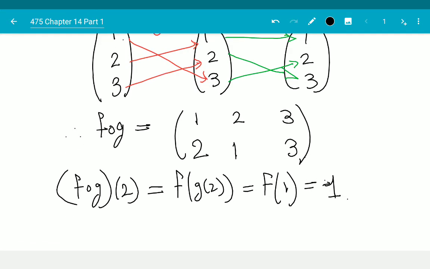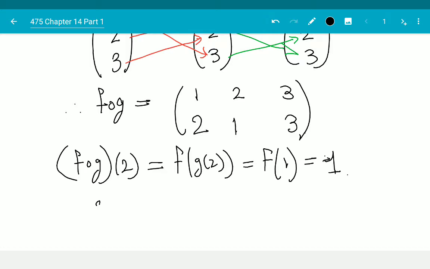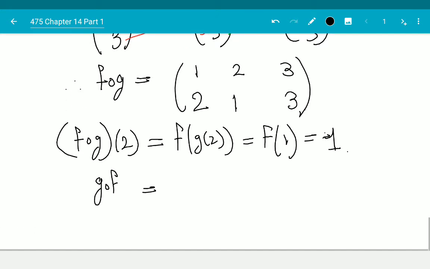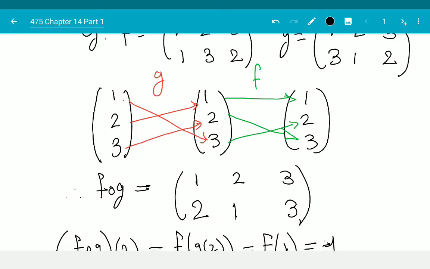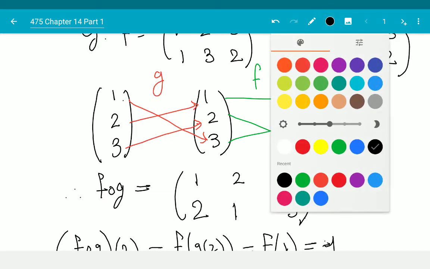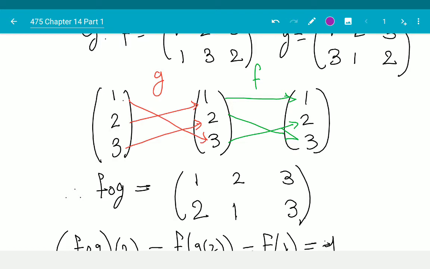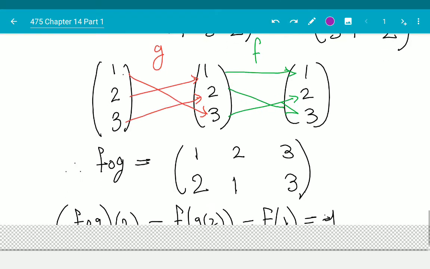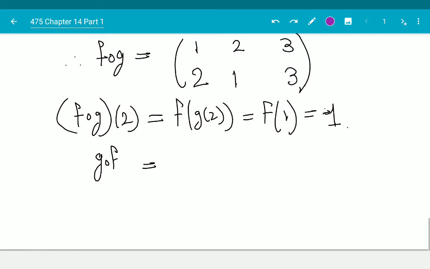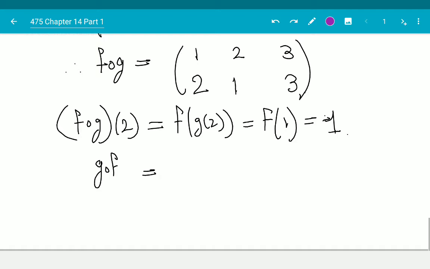Note, if I wanted to do it the other way, G composed F is equal to, well, I can just reverse these arrows. Actually, let me just do this in a nicer way.